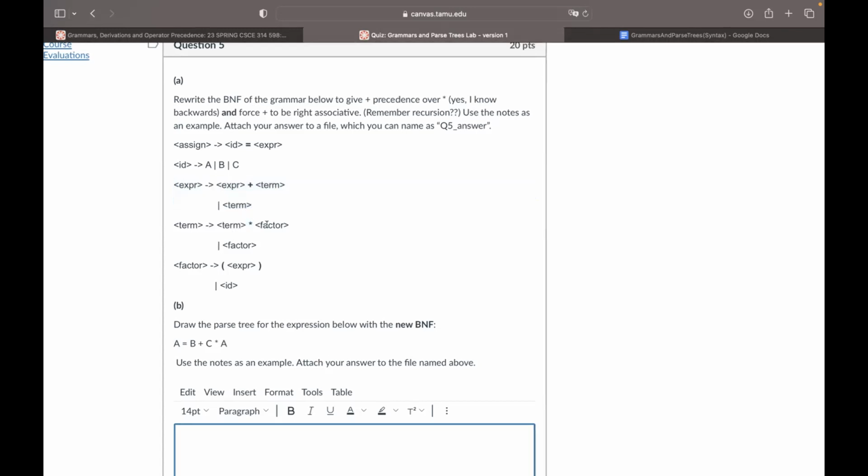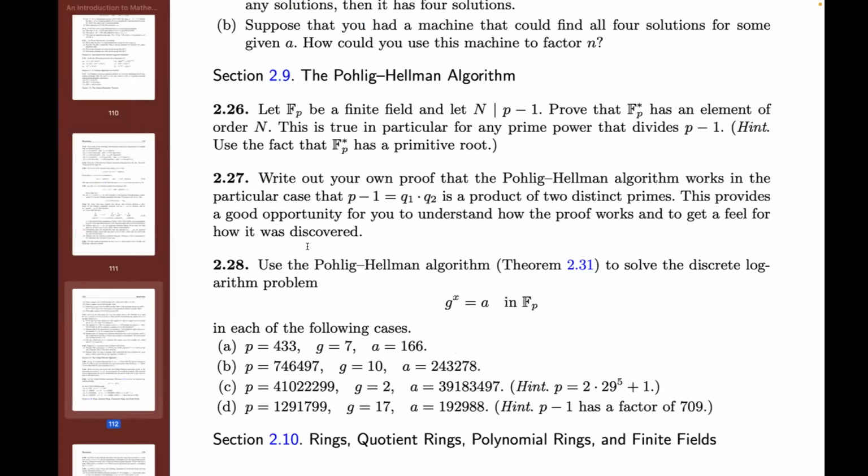Just the characters. Yeah, that's what I was thinking too. But then what about factor? I guess it's just a word though. I guess you could switch them. I feel like that might break it. I think the words might be weird, but it would work. Yeah, with the expression, it would add things and then multiply them. Okay, yeah. So I'll just switch the symbol and then the order of term and expression.